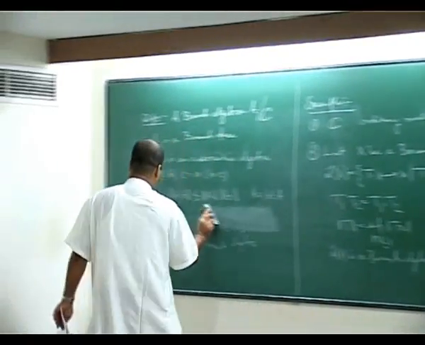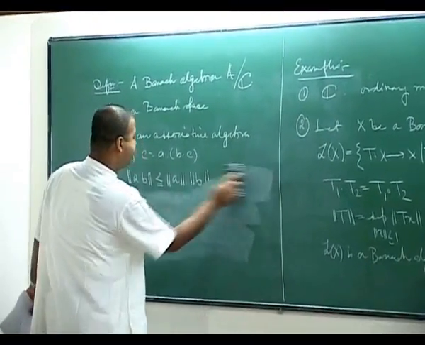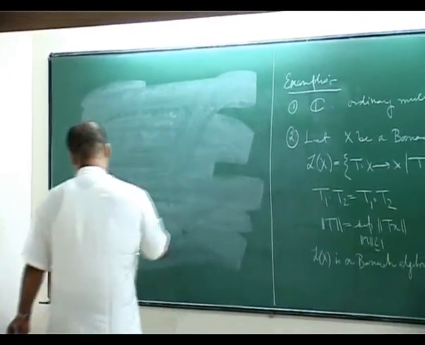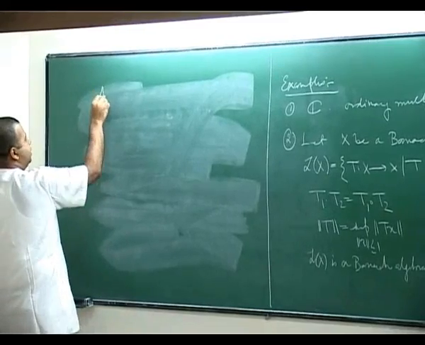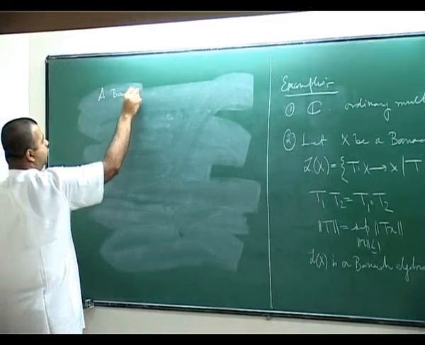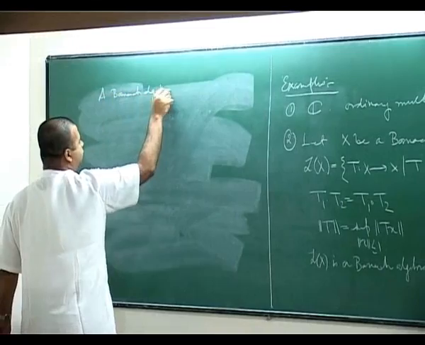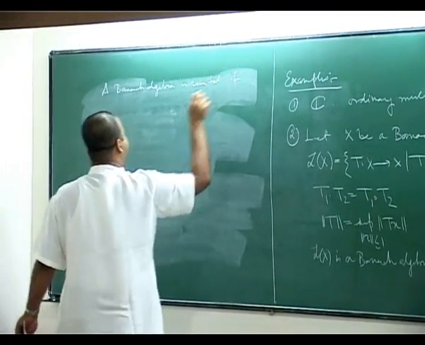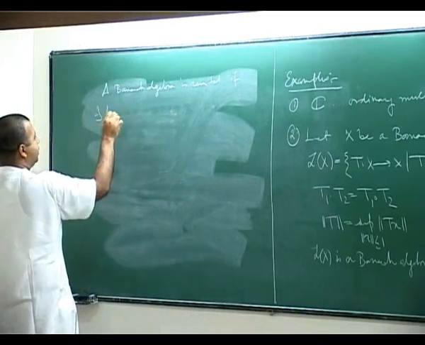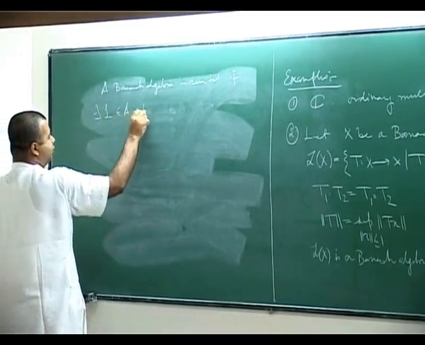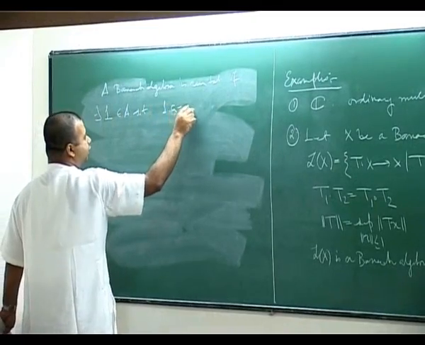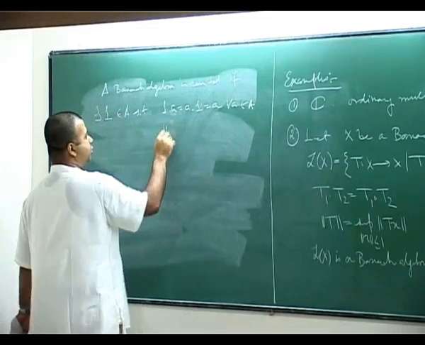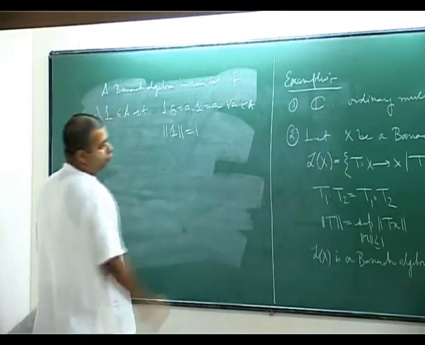Okay. But note that except in the first 3 examples, all these Banach algebras are unital. So let us say a Banach algebra is unital if there exists an element, say 1 in A such that 1 dot A is A dot 1 is A for all A, and you also impose the condition that the norm of 1 is 1.